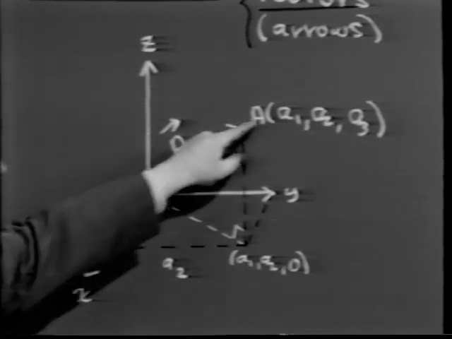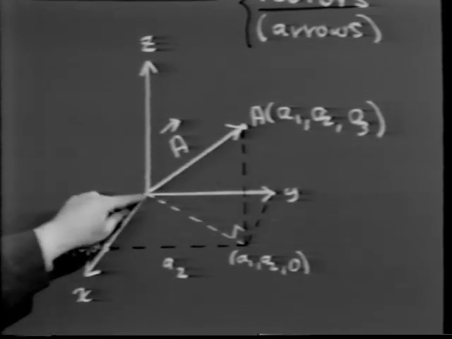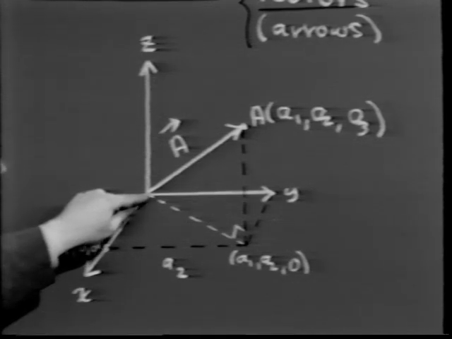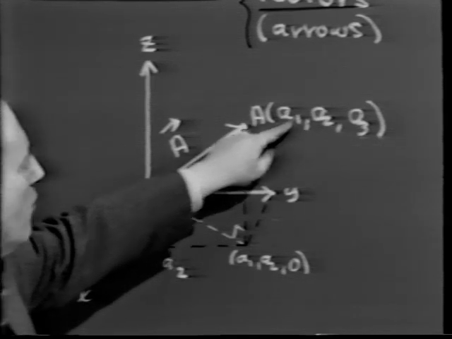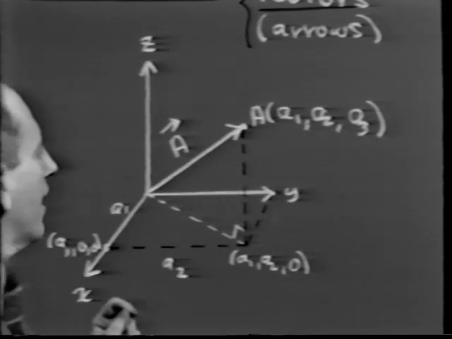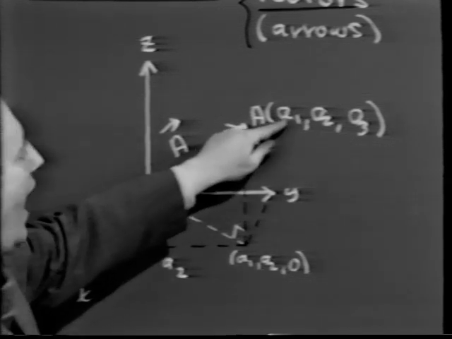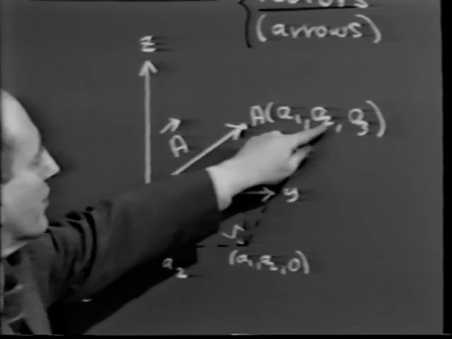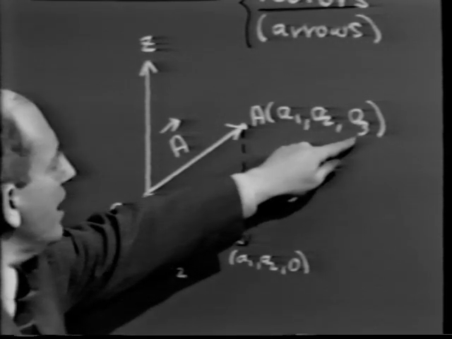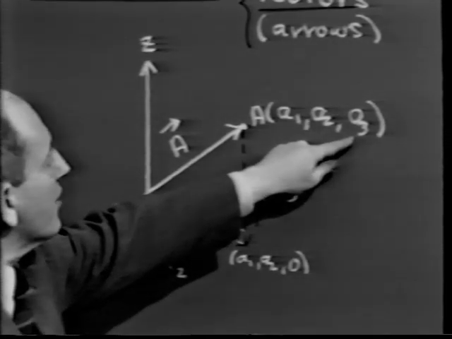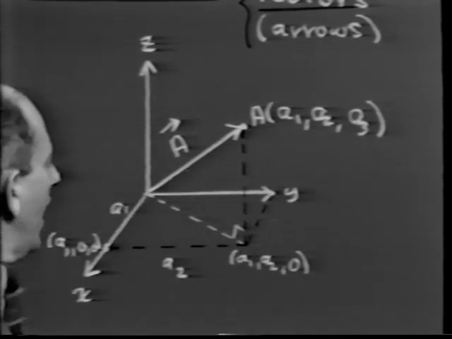The reason that this doesn't make much difference if you get confused is that if the vector which originates at the origin terminates at the point whose coordinates are A1, A2, and A3, then the components of that vector will be: the i component will be A1, the j component will be A2, and by the way, we let k be the unit vector in the positive z direction, and the k component will be A3.